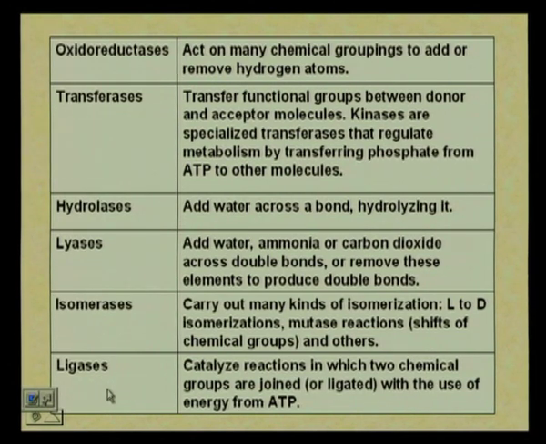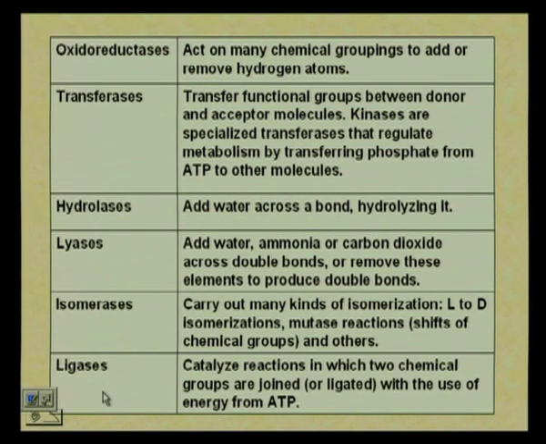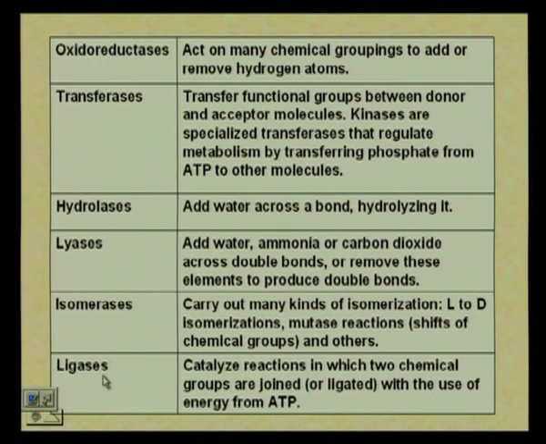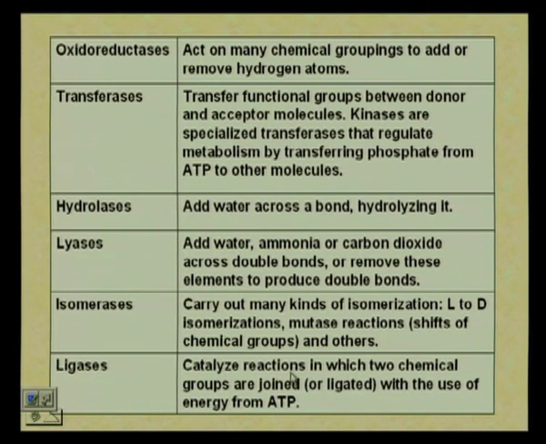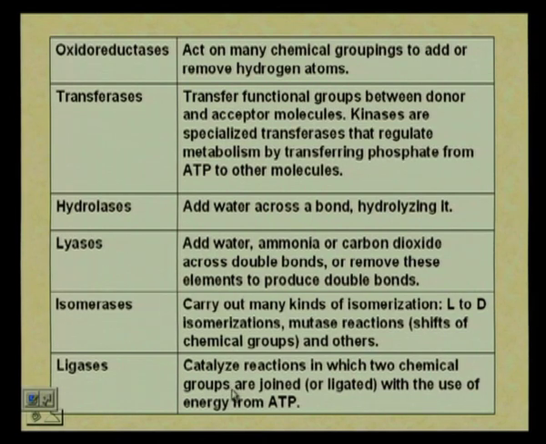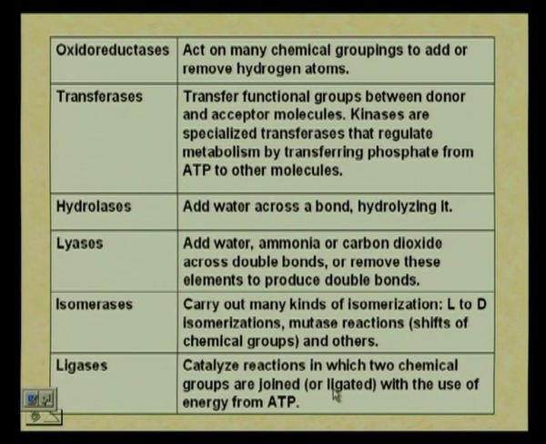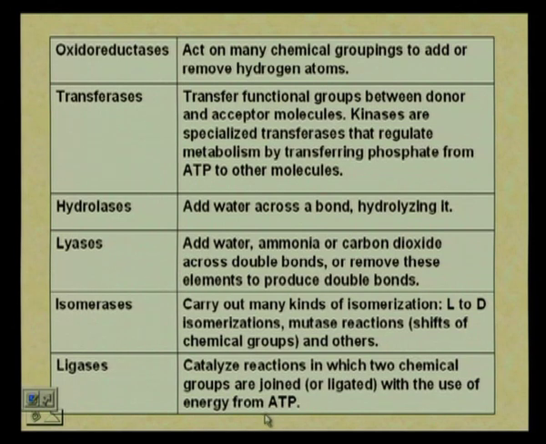Ligases, what does ligation mean? Linking together, right. So, a ligase would catalyze reactions in which two chemical groups are joined or ligated with the use of energy from ATP. So, a ligase would catalyze a reaction where chemical groups are joined together.